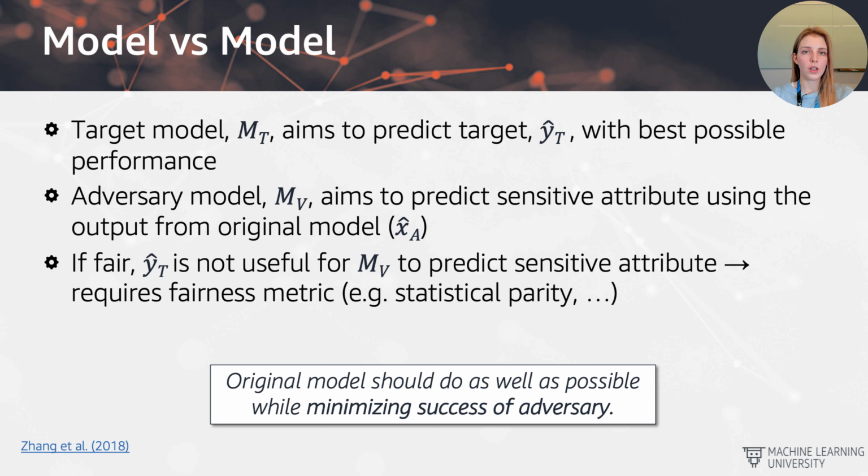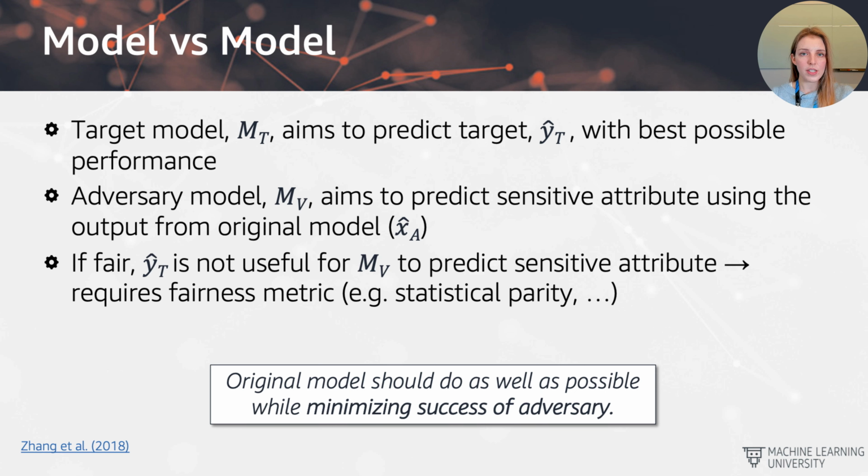And we're going to use a subscript t for denoting the target model and then the target predictions. And as with every machine learning model, the idea here is that we want to have the best possible performance. Now we have a second model, the adversary model, M subscript V, and that now aims to predict the sensitive attribute using the output from the target model.